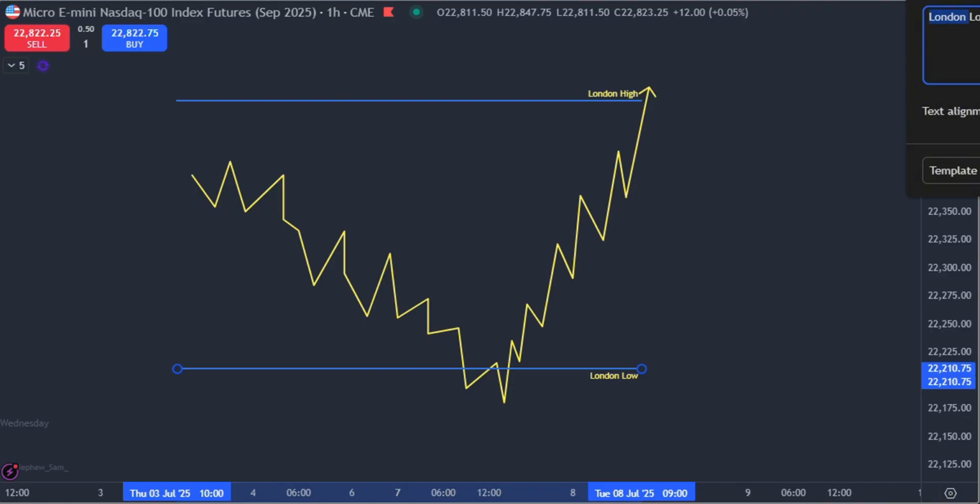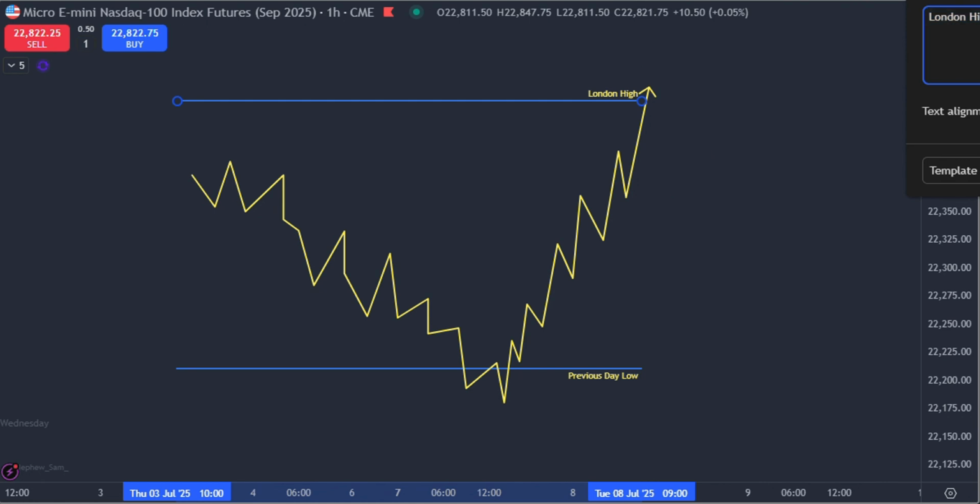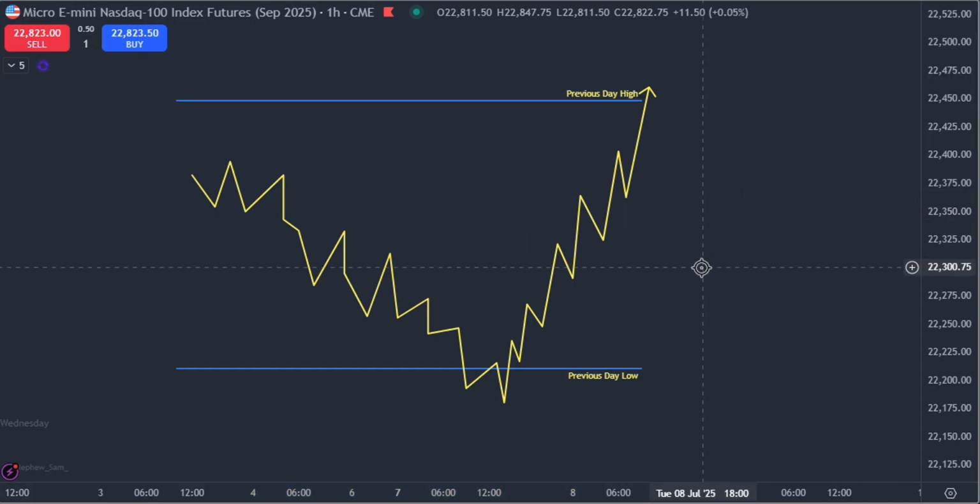So, just for example, if you sweep your previous day low, you know you have to target your previous day high liquidity.